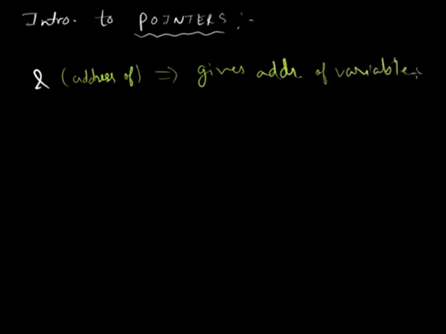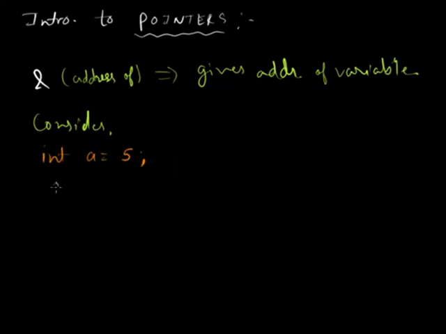Now consider the statement int a equals 5. Whenever the compiler encounters the statement int a is equal to 5, it does three things.